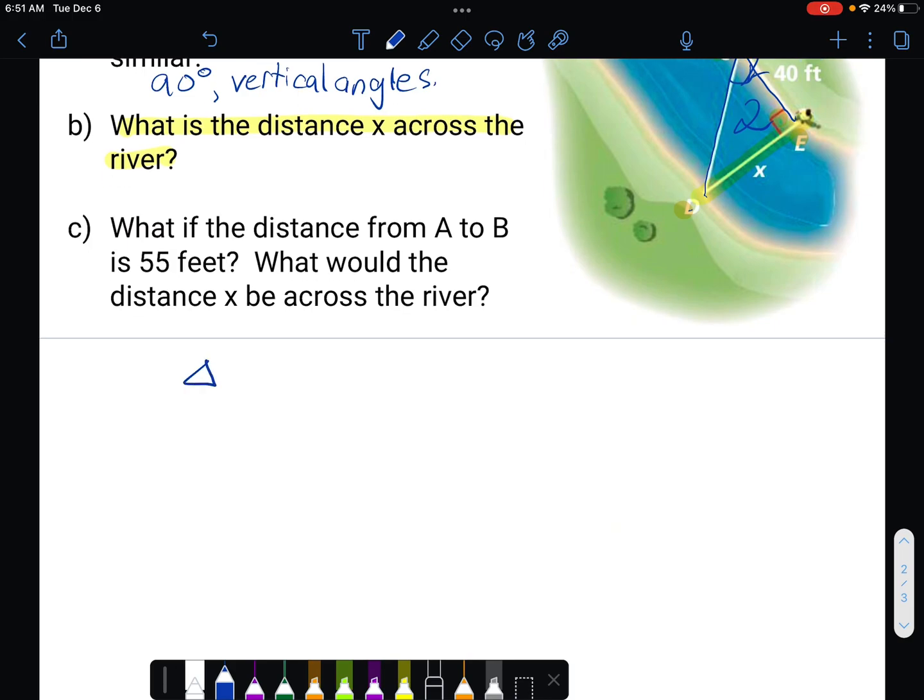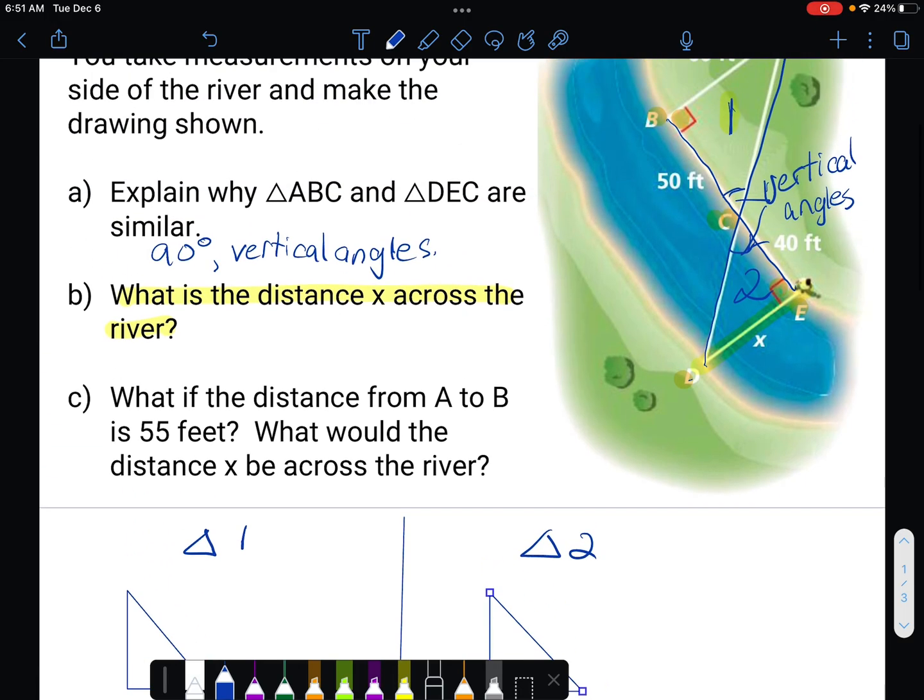So this will be my triangle 1. This side will have my triangle 2. And I know that my triangles have right angles, so they're right triangles.